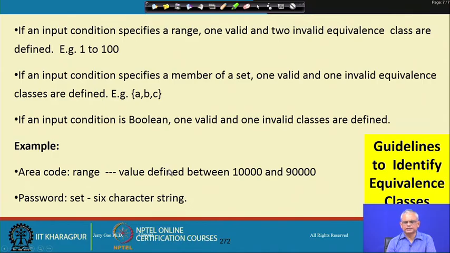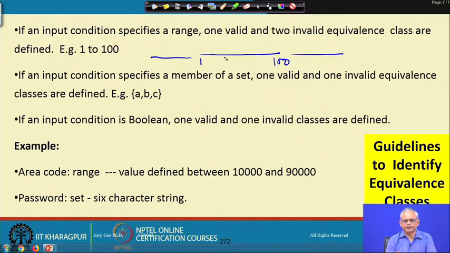The guideline is that if the input data is a range, we will have two immediate equivalence classes: one valid and two invalid. So, the range is 1 to 100. Anything between 1 and 100 is valid data, anything more than 100 is invalid, and anything less than 1 is invalid.